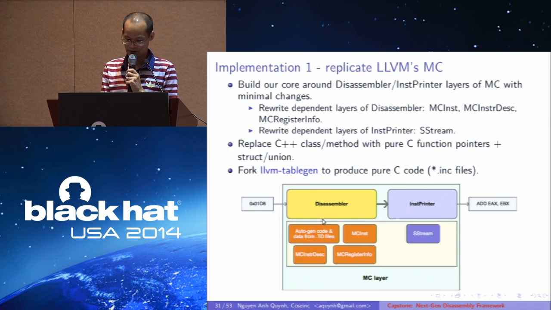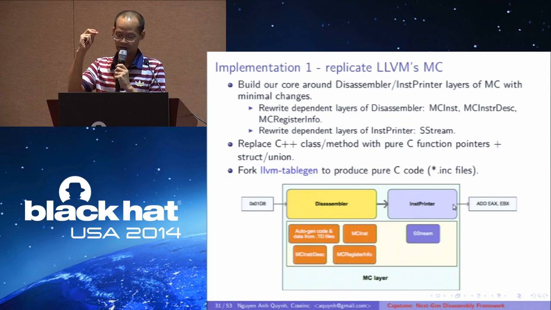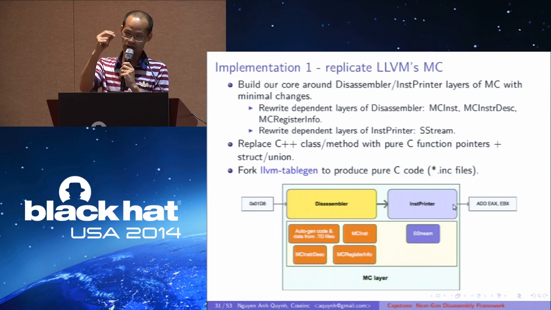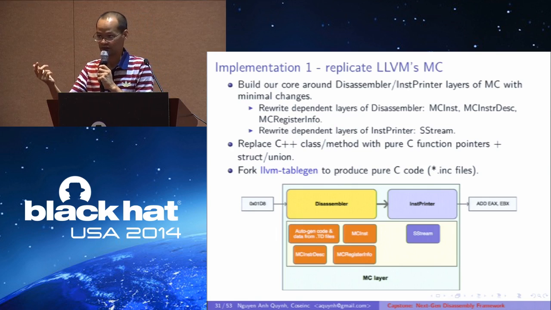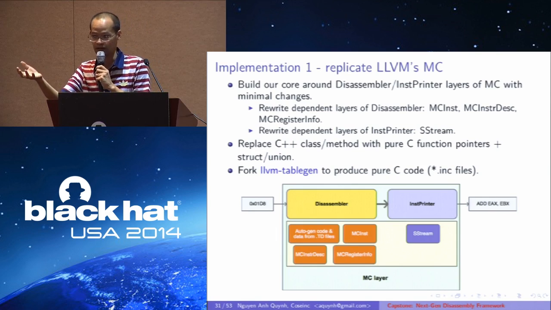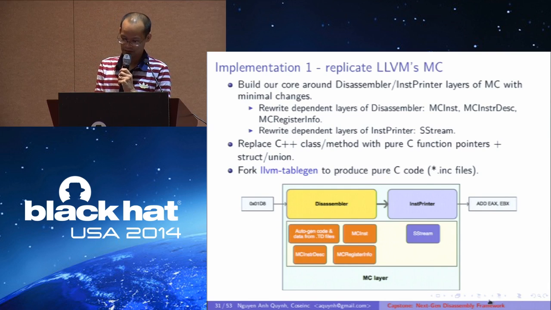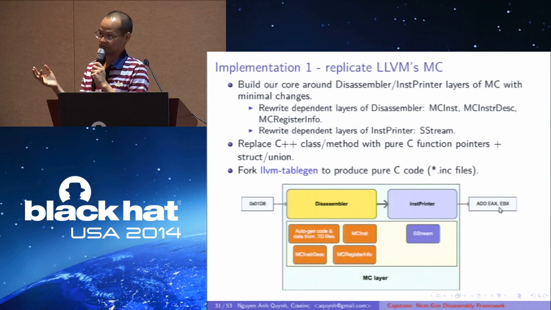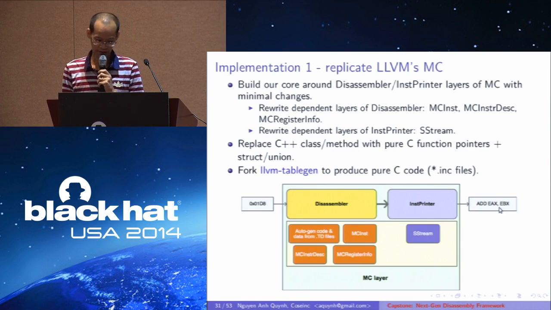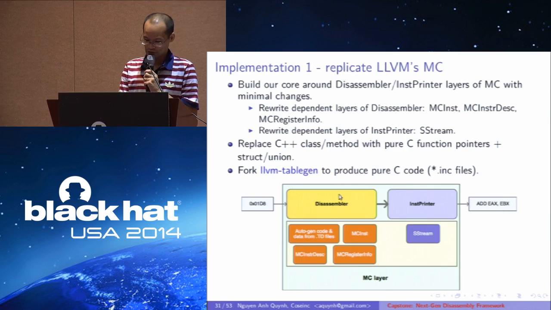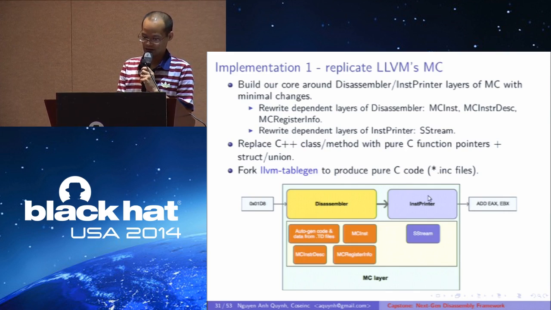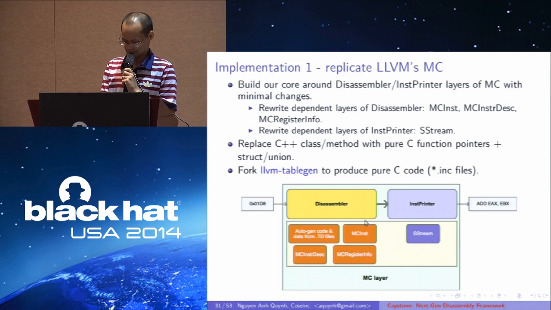After this decode step, the output will be sent to the printer, which will print out the internal information of the decoded instruction to a buffer. And inside the buffer, you have the assembly. So, given the input on the left side, you get the output on the right side, the assembly representing the binary code. And these two main components, disassembler and printer, rely on many small other components at the bottom.